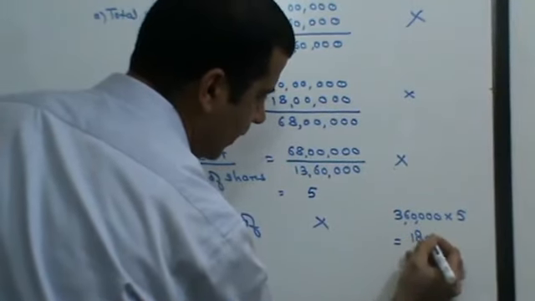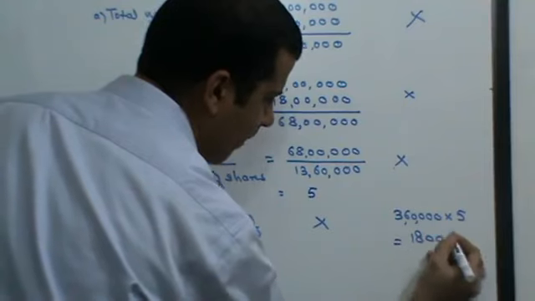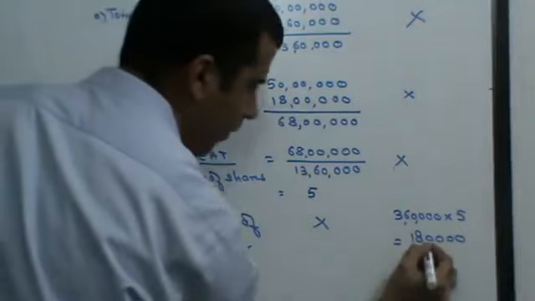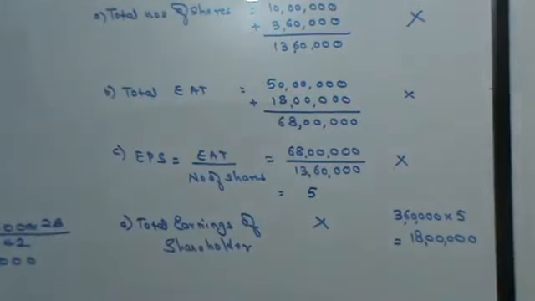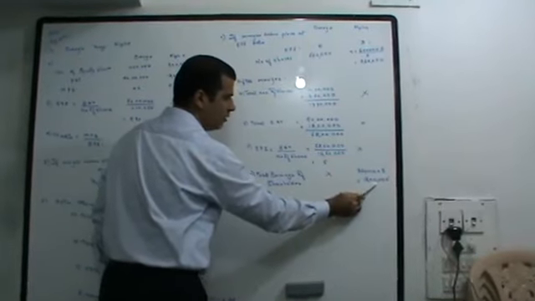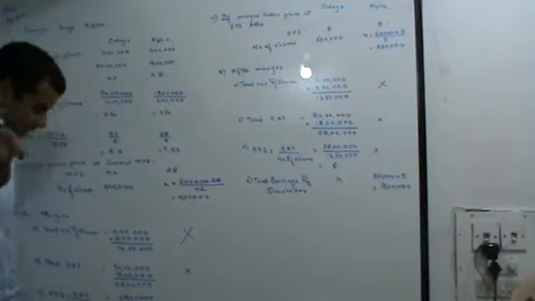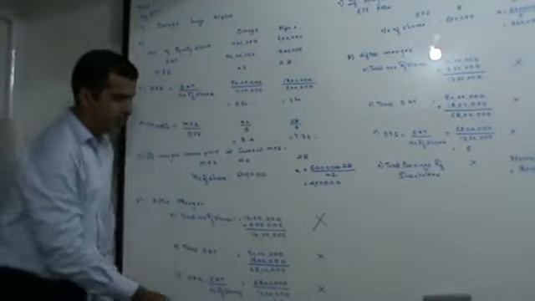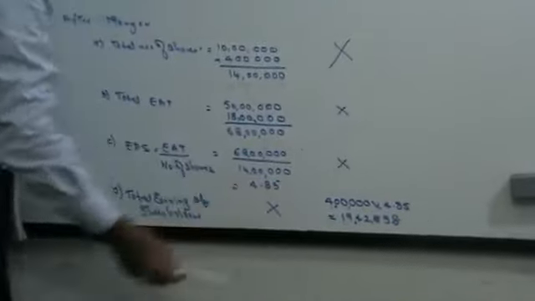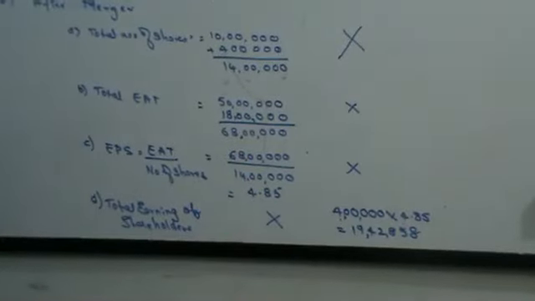Which is going to be nothing but 18 lakhs. Thus, if the merger takes place at EPS, the shareholders will earn 18 lakhs. If the merger takes place at MPS, then the shareholders will earn 19,42,000.